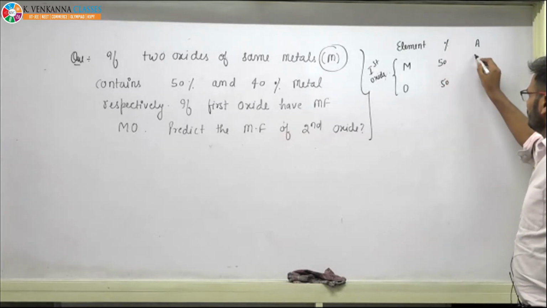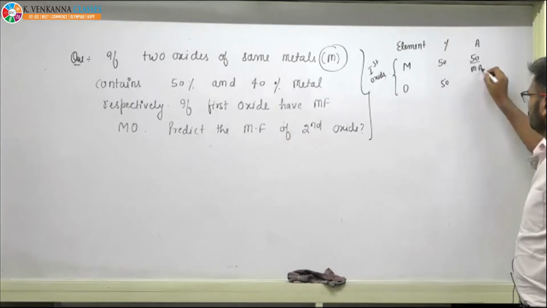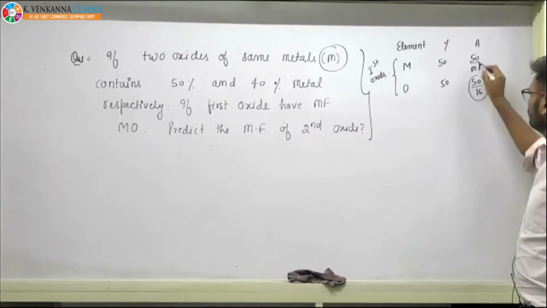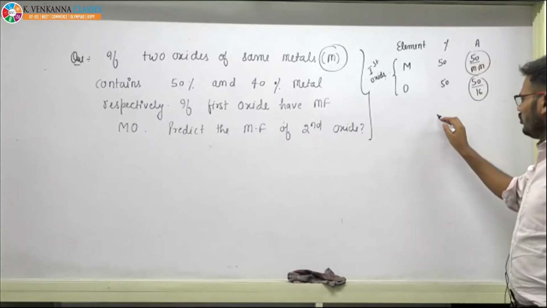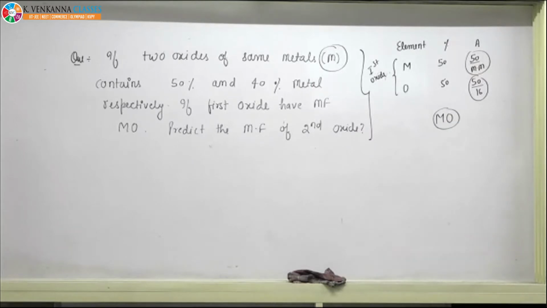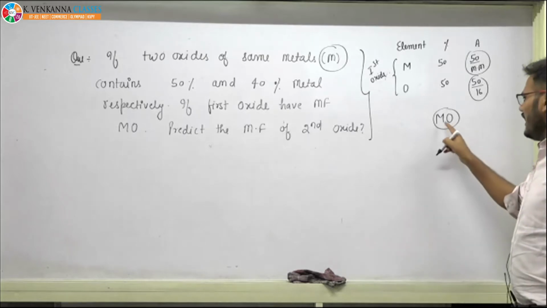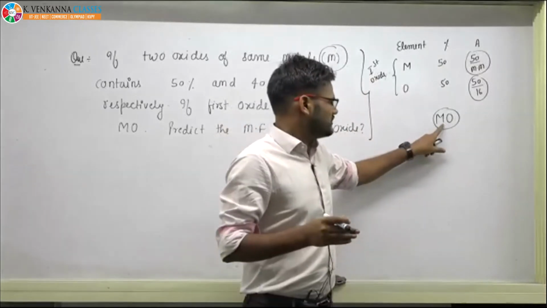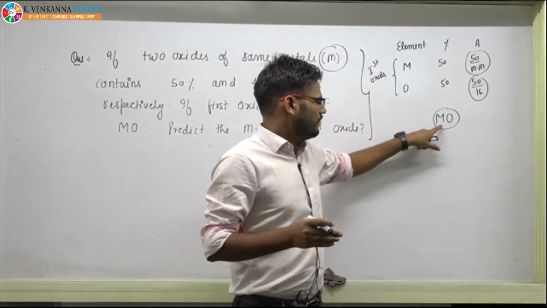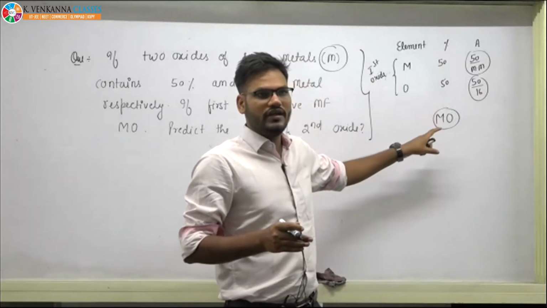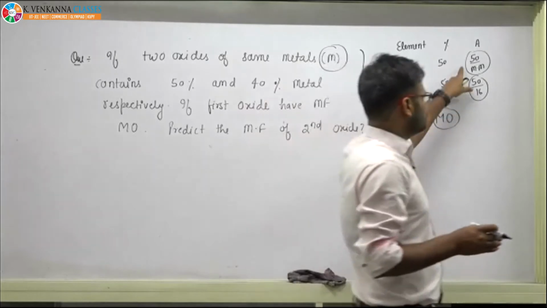How will you calculate atoms? Just divide by the molar mass of metal. Here you will divide by the molar mass of oxygen, that is 16. It is already given in the problem that the molecular formula is MO. If the formula is MO, the atoms per molecule of metal oxide are in 1:1 ratio, so these should be equal.